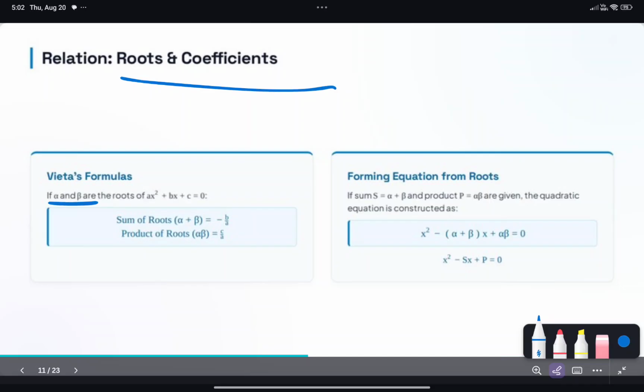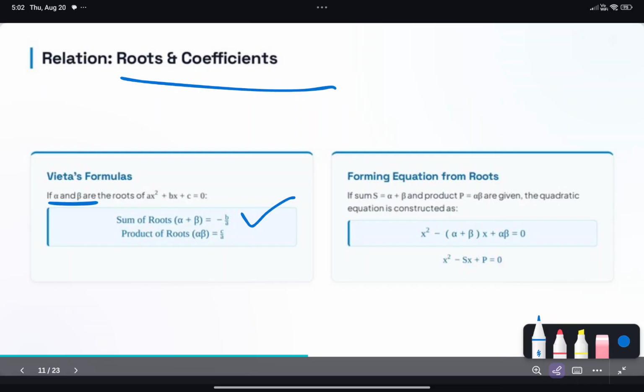We consider that the given quadratic equation has roots, one of them alpha and the second beta. The sum of the roots, alpha plus beta, is equal to minus b by a. You are adding the two roots.